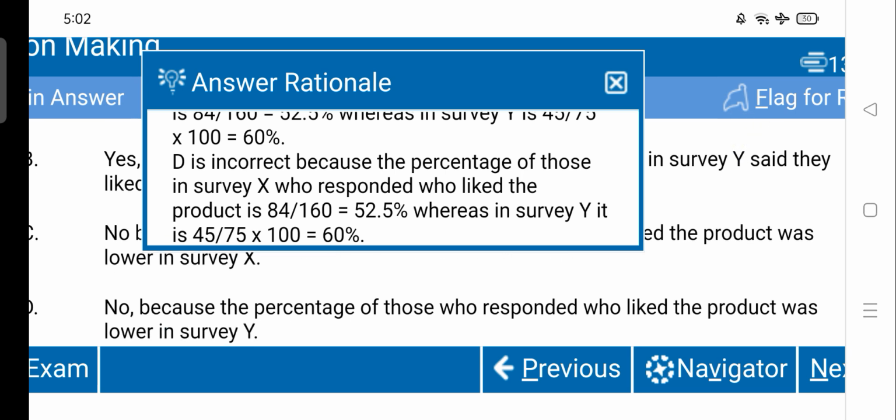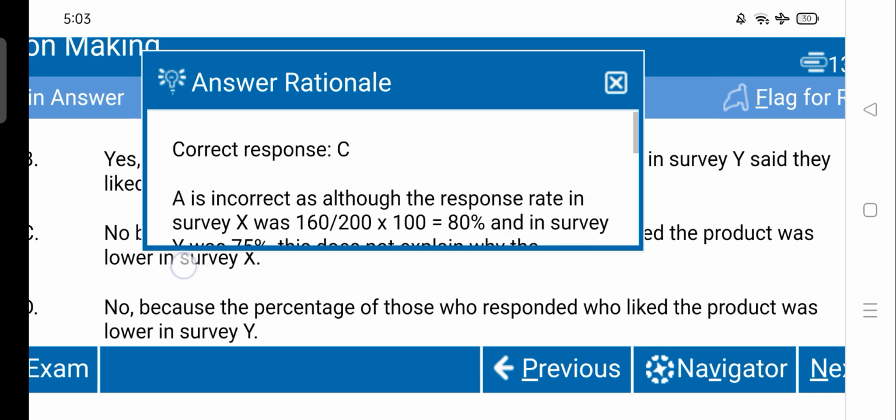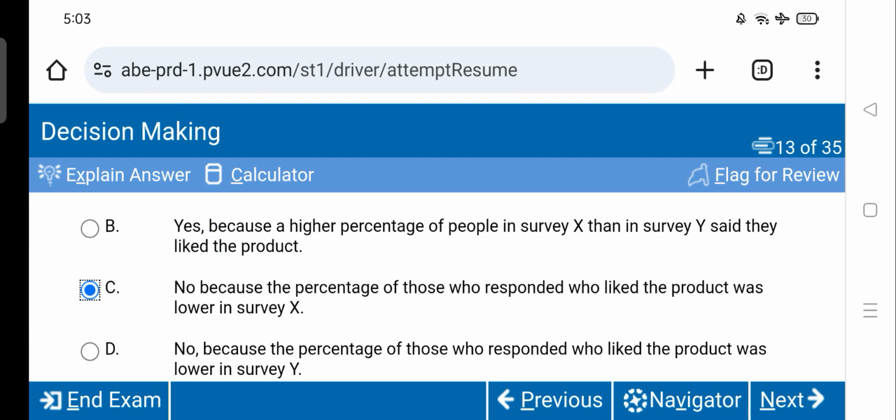So D is incorrect, because the percentage of those in survey X who responded who liked the product is 52.5%, whereas in survey Y it is 60%. So the correct option is option C, which is no, because the percentage of those who responded who liked the product was lower in survey X.